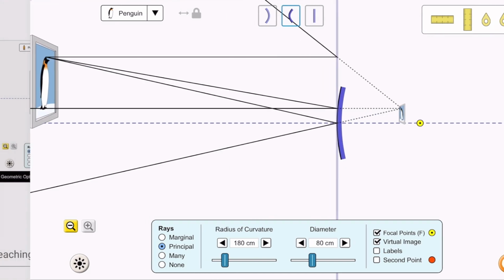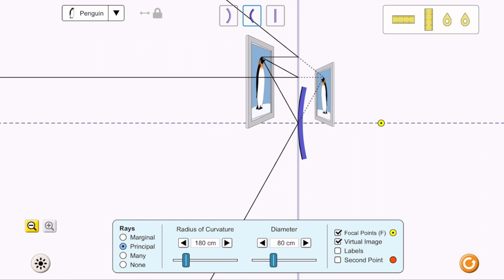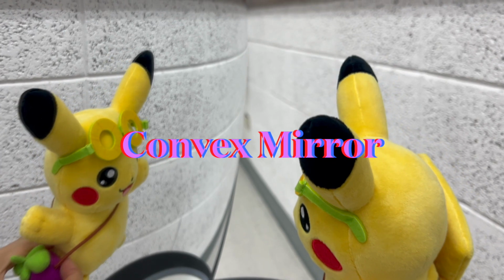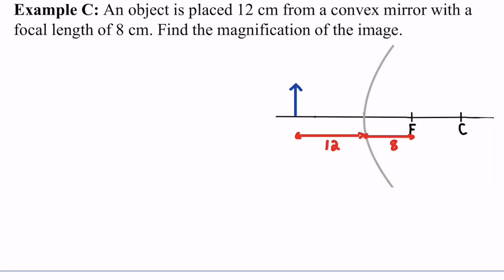And here's a look at convex mirrors. For convex mirrors, the image is always virtual and smaller in size. The next example deals with a convex mirror with an object placed 12 centimeters from the mirror. In this case, because it's a convex mirror, the focal length of 8 is negative.